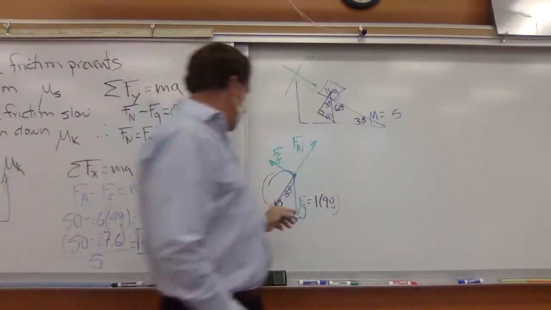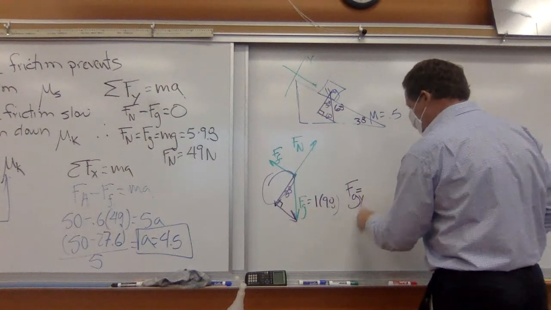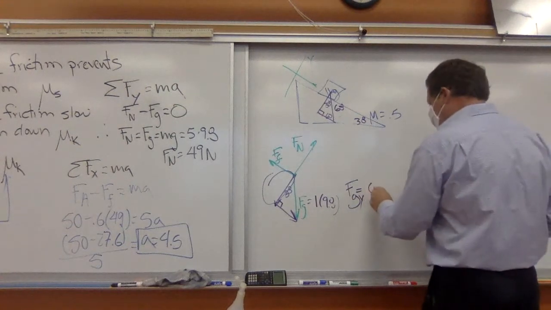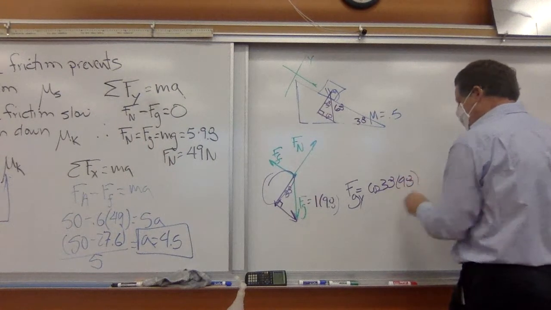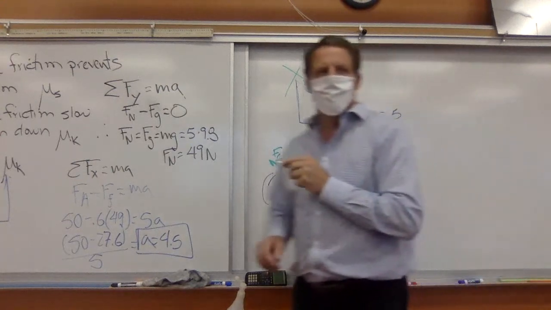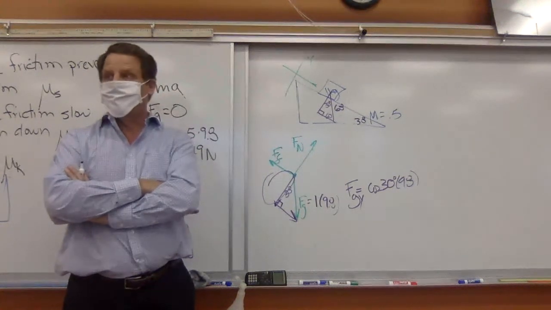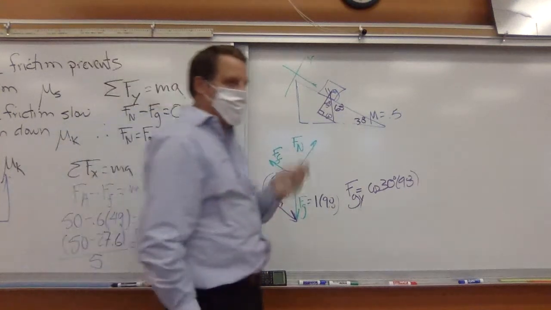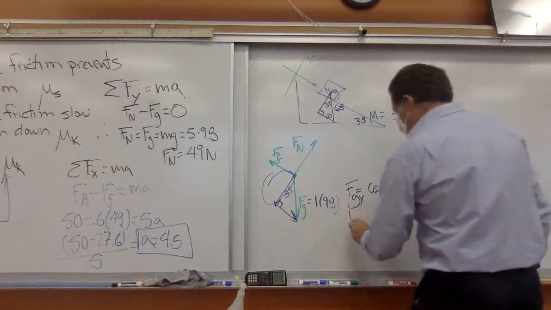So if we want to do this one, our force of gravity in the y direction is going to be cosine 30 times 9.8, which is going to be probably about 8.6. Okay, I'm just going to say it's 8.6. I think the calculator will tell you that. So this is going to be 8.6.